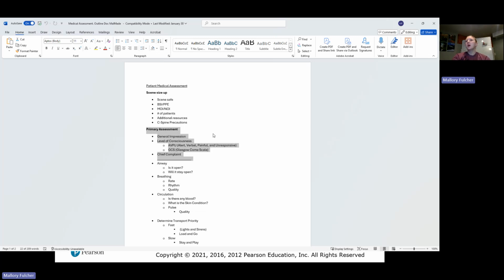So with level of consciousness, we divide that into two different sections. For EMT1, we focus a lot on AVPU. EMT2, we go a little bit more in depth with Glasgow Coma Scale, or GCS. AVPU is, are they alert? If they are alert, like they're looking at me without having to be prompted, they're following instructions, and so on.